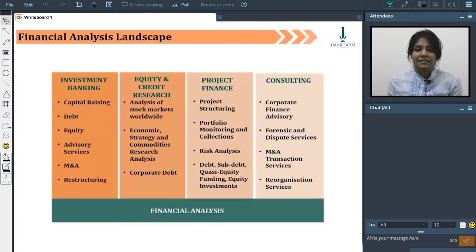The project finance company helps in project structuring, which is in a sense telling you what kind of capital structure you can use, what kind of suppliers you can use. They also, once the road is built, if you have a toll collection on the road, they help in basically monitoring the portfolio and in collections of those tolls. They help in risk analysis.